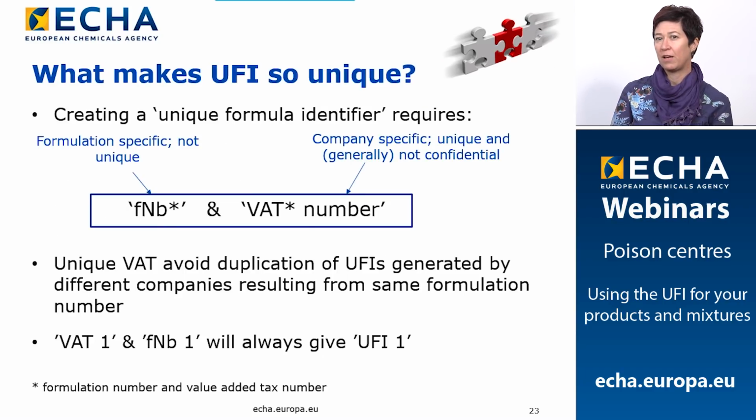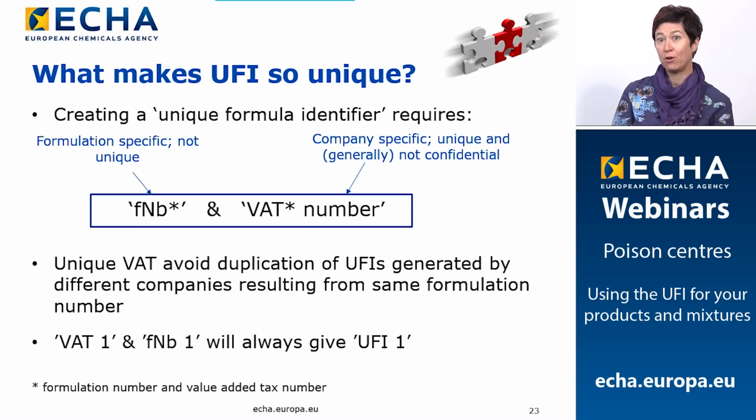The importance of having a unique formula identifier has been explained. But what criteria makes it unique? Well, during the development of the UFI algorithm, it was determined that a unique UFI could be achieved with just two input parameters: a formulation-specific number assigned by the company, plus a company-specific value-added tax number, or VAT.